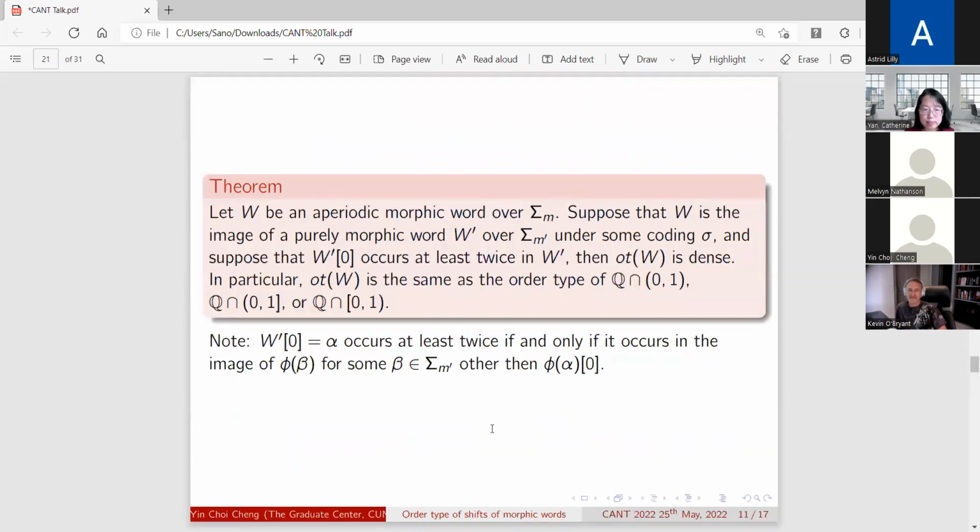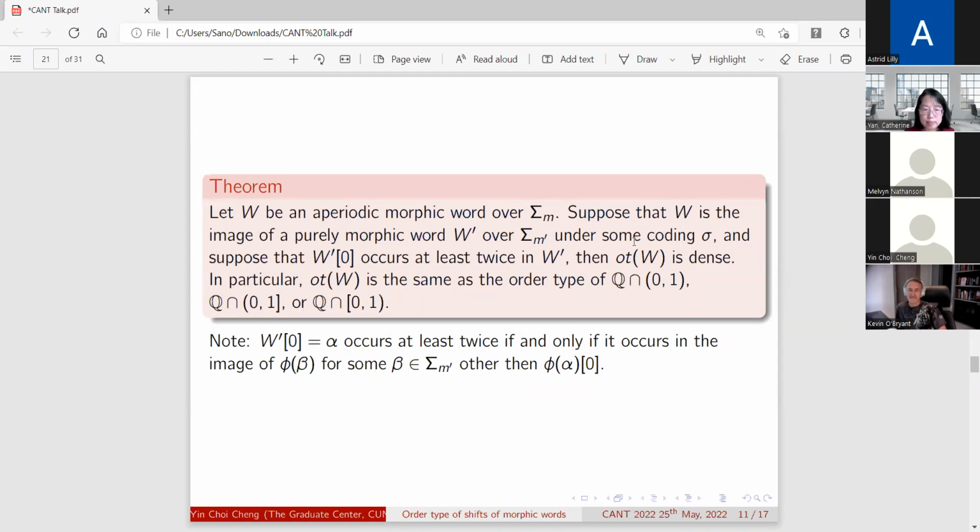We're going to give a sufficient condition which shows that an aperiodic morphic word W over sigma M has order type of its set of shifts being dense.